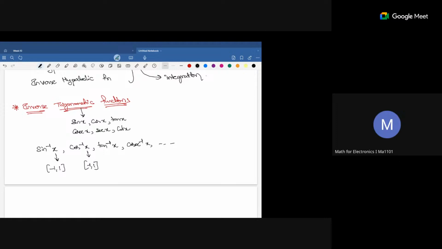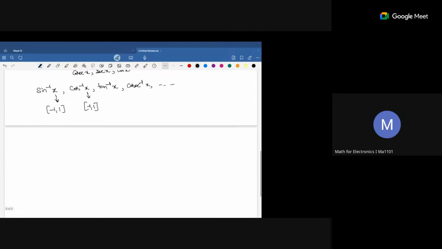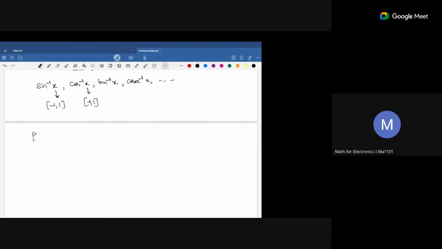Inverse functions we would have studied in the earlier weeks. If we have a function f that goes from D to D prime, then f inverse goes from D prime to D. So this is f of x, and f inverse of x is like output will become input, input will become output.